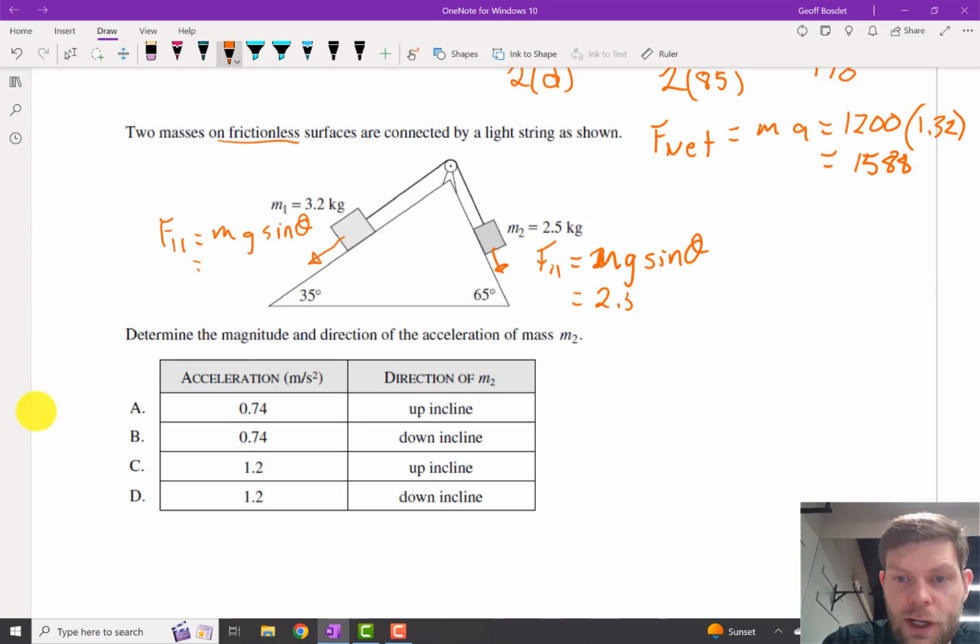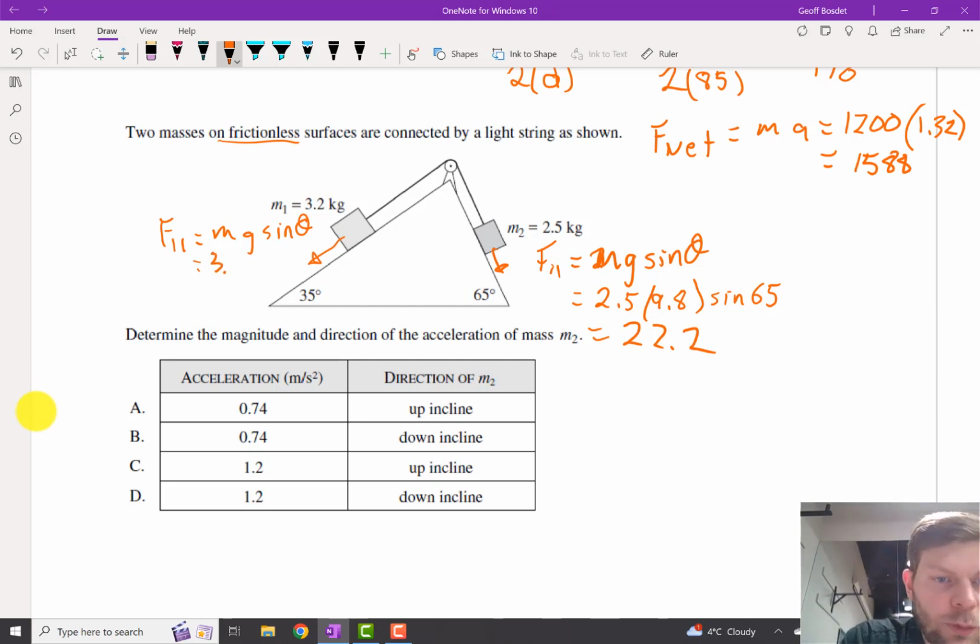So we got 2.5 times 9.8, or 24.5, times sine 65 will equal 22.2, and then we got 3.2 times 9.8 times sine 35, which is equal to 18.